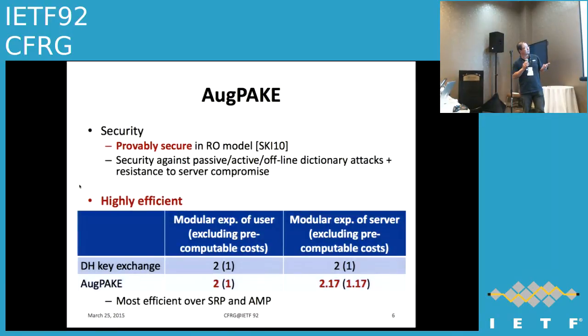OPEC just requires one modular exponentiation on the user side and 2.17 modular exponentiations on the server side, respectively. After excluding the pre-computable cost, the modular exponentiation on the user side is 1, and on the server side is 1.70. Also, OPEC is more efficient than SRP.